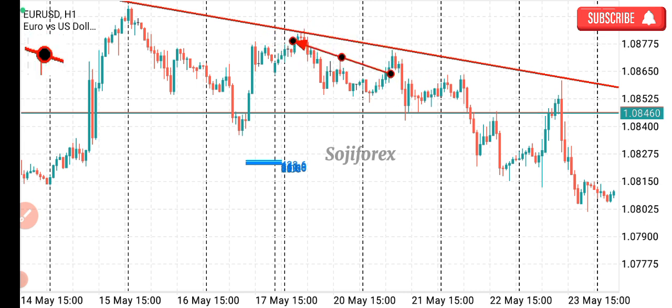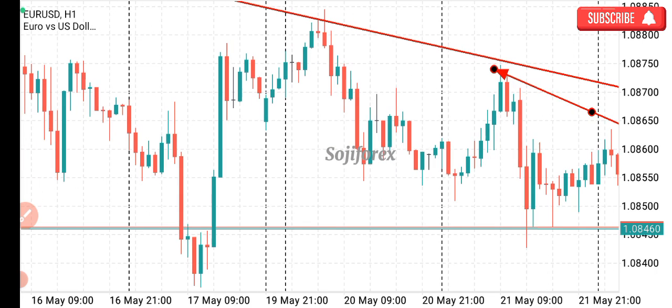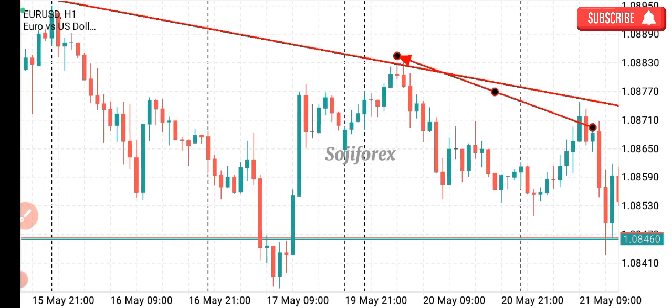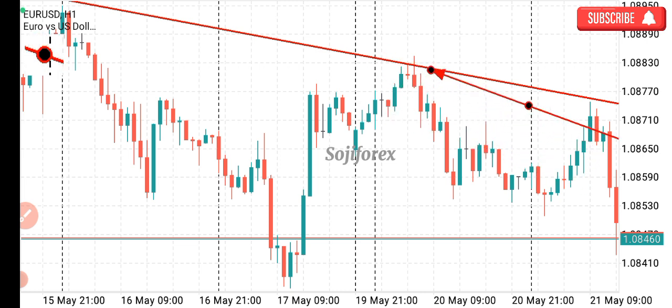So how do you make entry? Your entry will now be when price moves to the zone of this trend line, it gives you a confirmation entry. And one of the confirmation entries you can find is the candlestick pattern that is formed around this zone.